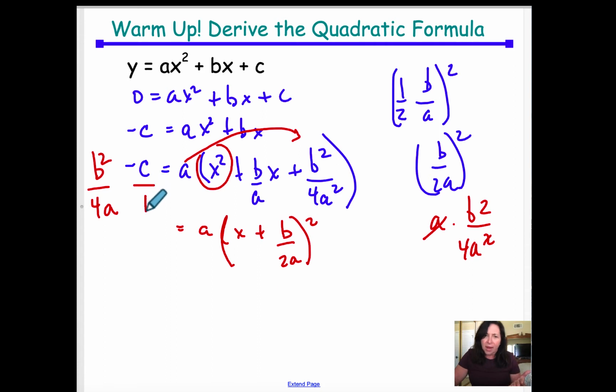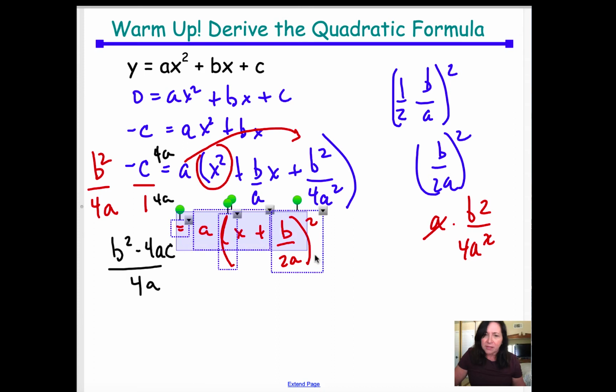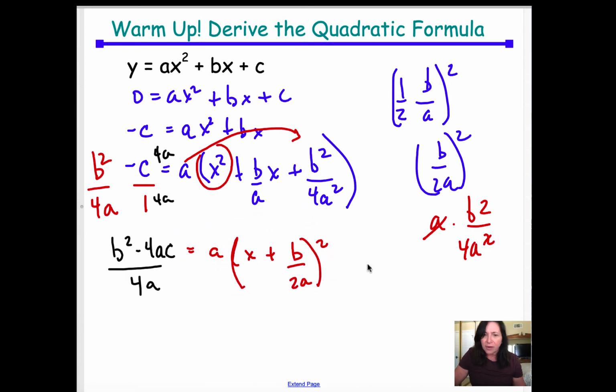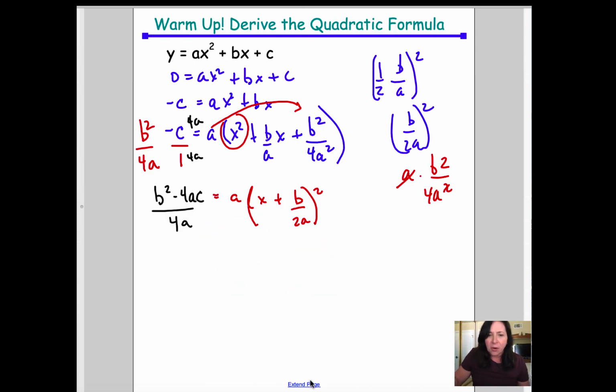I'm going to combine them by multiplying this c value by 4a over 4a so that I have everything over one value. So I've got b squared minus 4ac, that sounds familiar, all over 4a, and it equals this right here, let me just move this over here. So there we go.